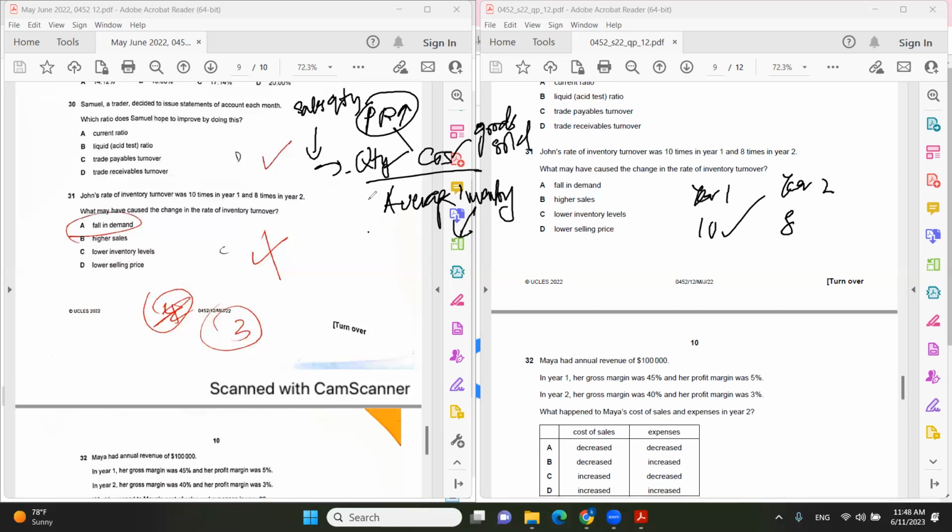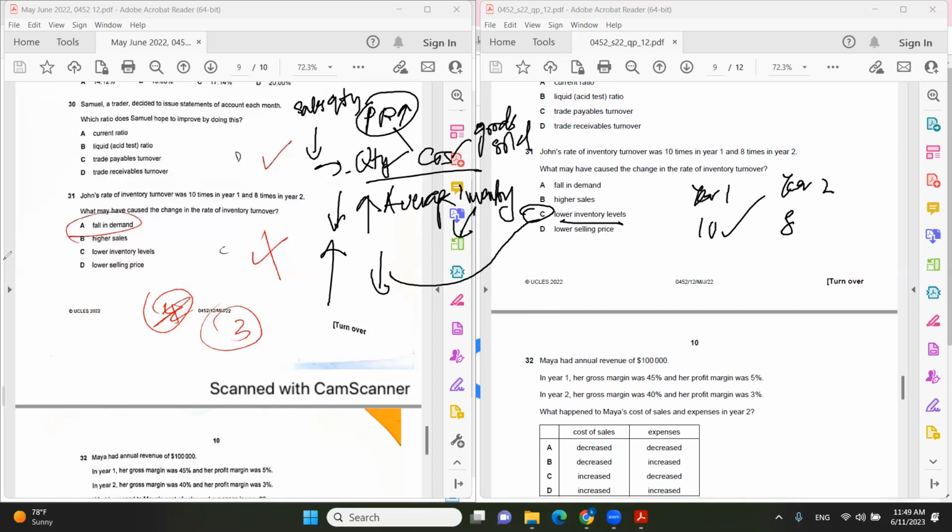So when this increases, inventory turnover will decrease, but when the inventory held decreases, turnover will increase. So what may cause the change is a lower inventory level, which is option C. The selling price has nothing to do with it because this is a cost price. Only one choice, so the answer should be C.